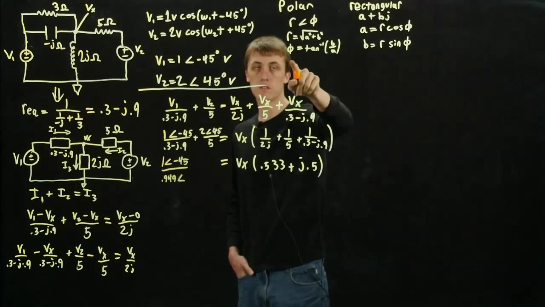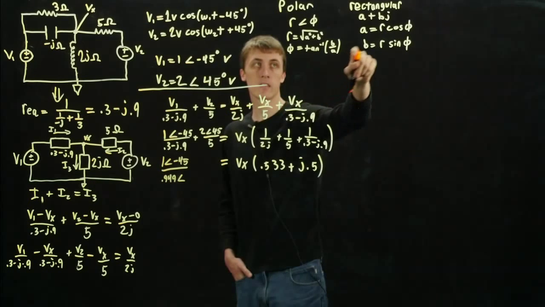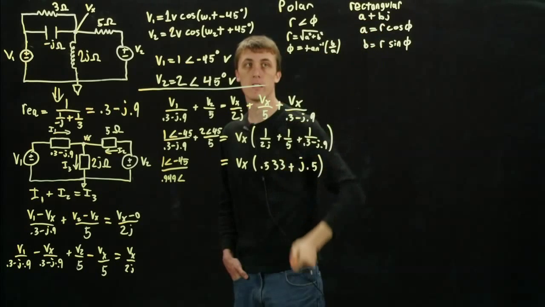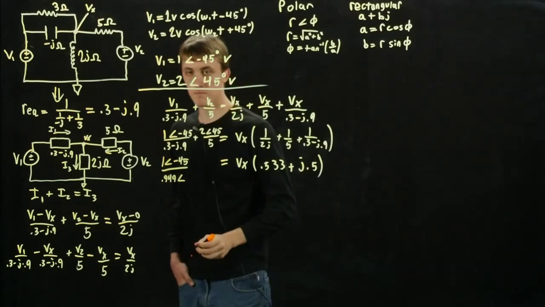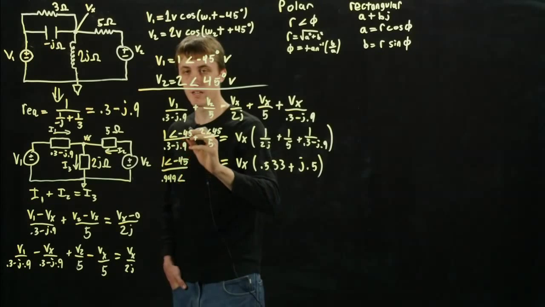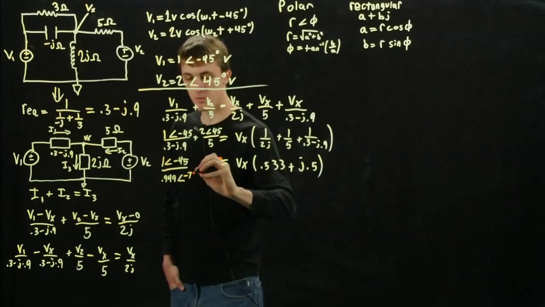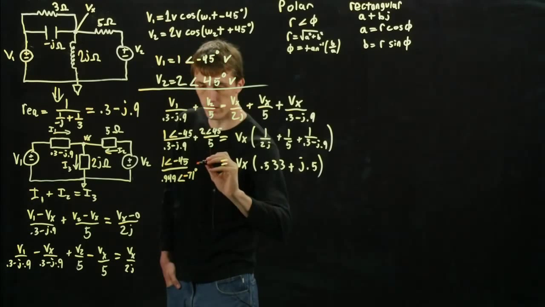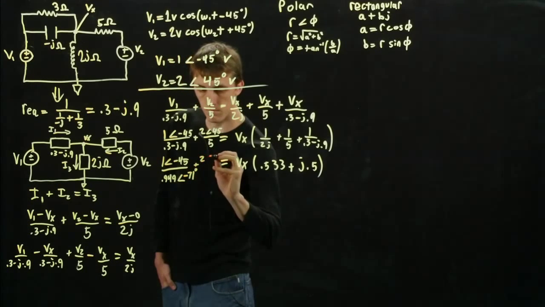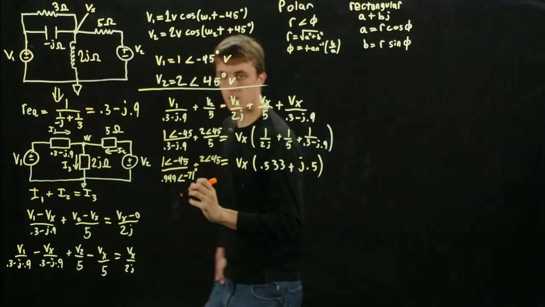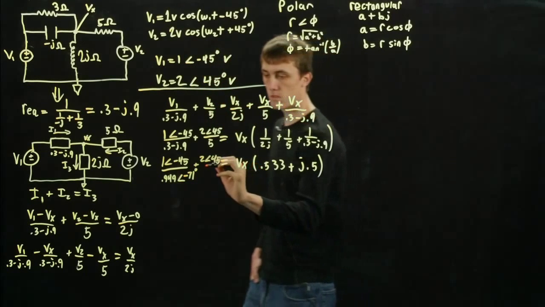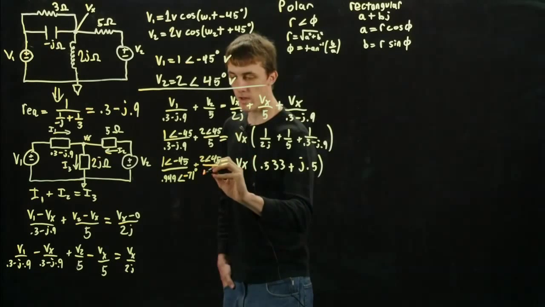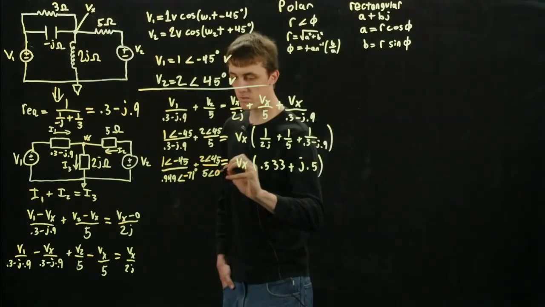Our angle phi is given by the tan inverse of the imaginary over the real, that's just b over a. When we type that in, we get negative 71 degrees. And same thing over here, that will be over 5 angle 0.